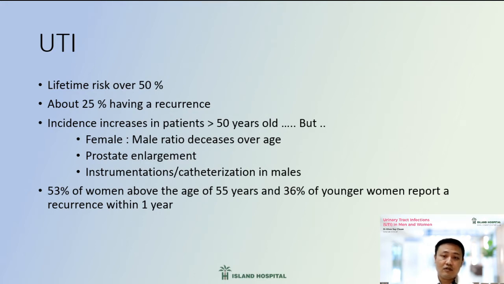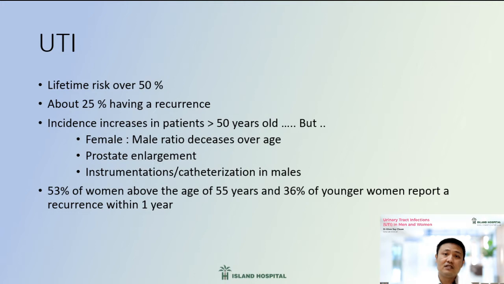We all know urinary tract infections are more common in women compared to men across all ages, but as you age above 50 years old, the ratio of female to male actually decreases, which means the chances of men getting infection get higher above 50 years old. Why? Because above 50, men might have encountered other problems.